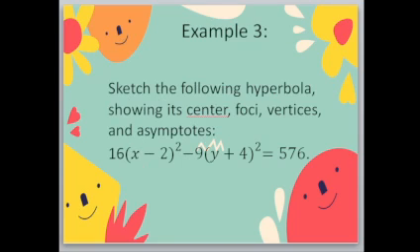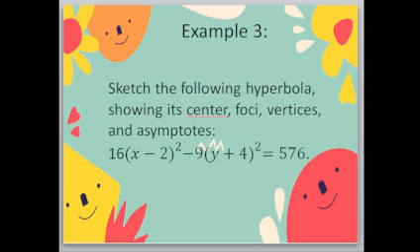Example number 3. Sketch the following hyperbola showing its center, foci, vertices, and asymptotes. The given equation is 16 times (x minus 2) squared minus 9 times (y plus 4) squared is equal to 576. So what have you noticed with the given equation? That is not in standard form.